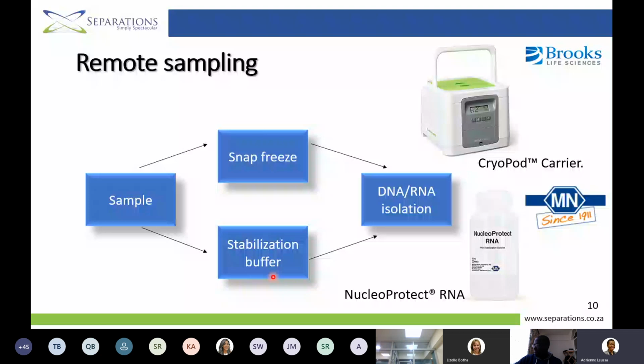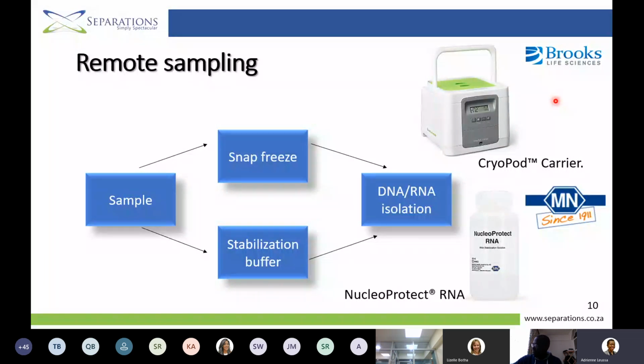So from our providers, we have this cryopod carrier that provides safe, reliable, and portable cryogenic transport. You can transport samples at under minus 150 degrees, and this over 4 hours. So this allows you to sample and carry your samples at the appropriate temperature to the lab.